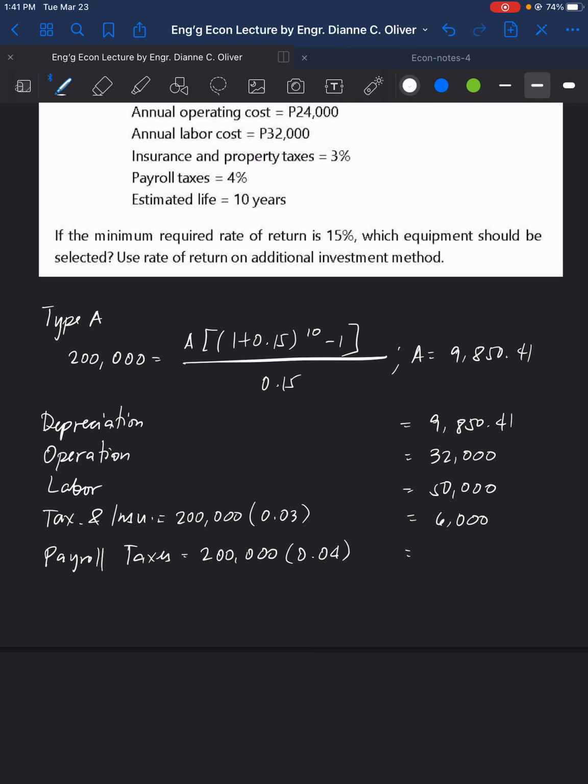Not 200,000, it's 50,000, sorry about that, because we are talking about labor. So 50,000 times 0.04 is 2,000.